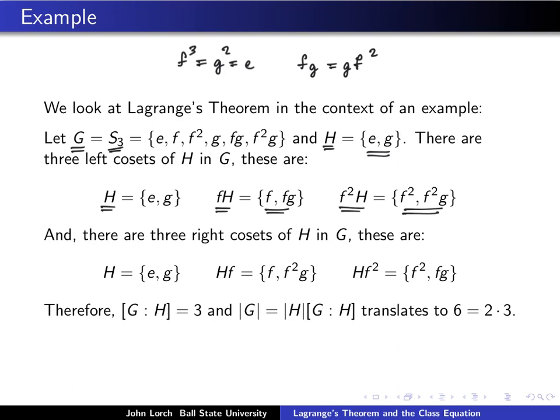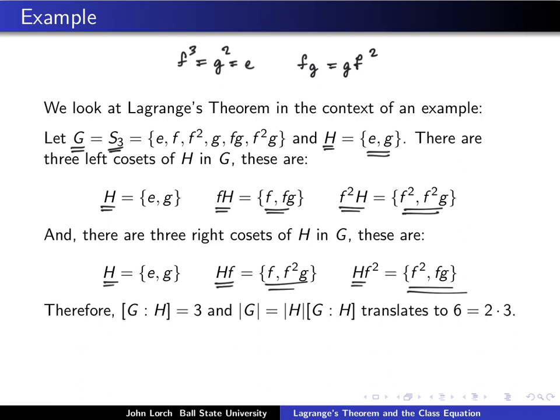Now similarly, there are three right cosets: H itself, and then H times f, where we're multiplying everything by f on the right to get this, and then here, where we're multiplying everything by f squared on the right to get that. Once again, we could compute more right cosets, but we would just be repeating the cosets that we've got here. Again, the group G is the disjoint union of these three.